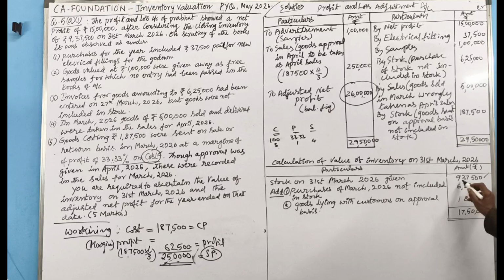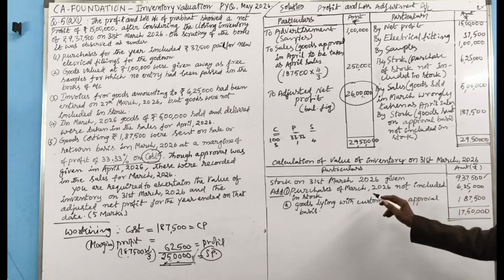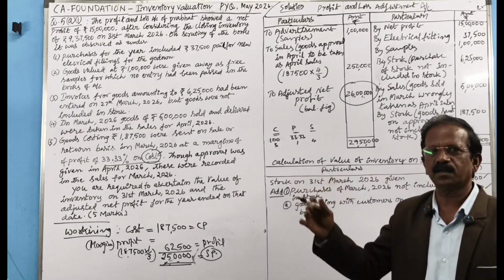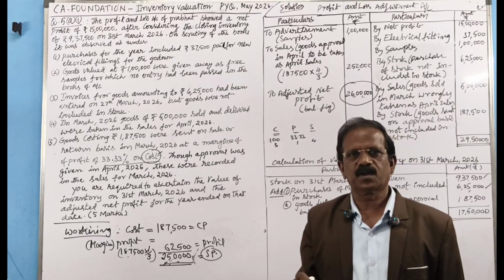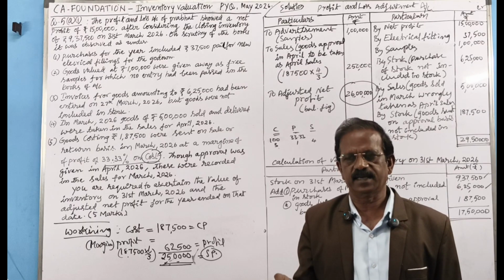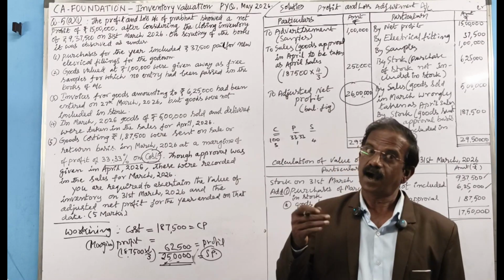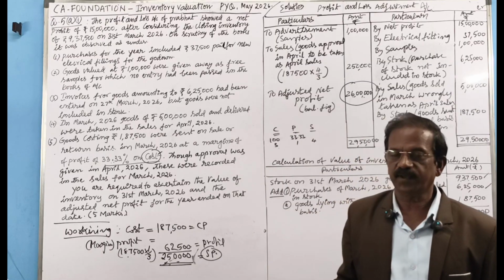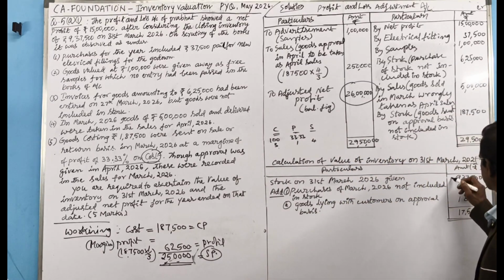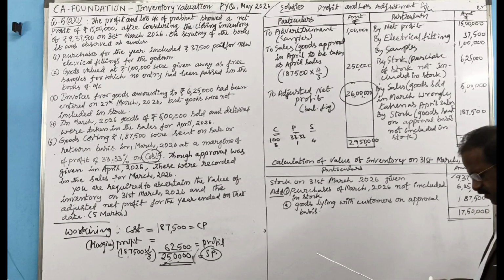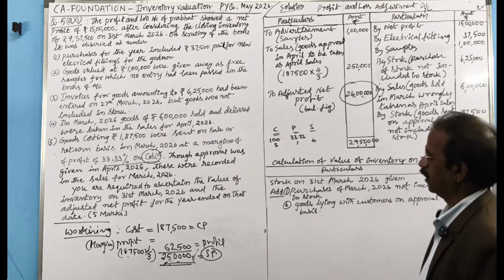The inventory was given 9 lakhs 37,500. This was already explained. And these goods are sent on approval basis, and those were not considered as sales. Therefore, those goods are our goods. We should consider them as our stock. That's why it should be added to the closing stock. So, correct closing stock is 17 lakhs 50,000. This is the way you have to calculate.